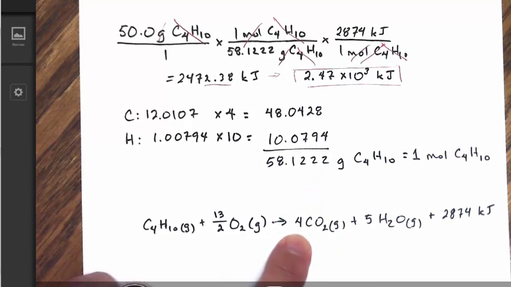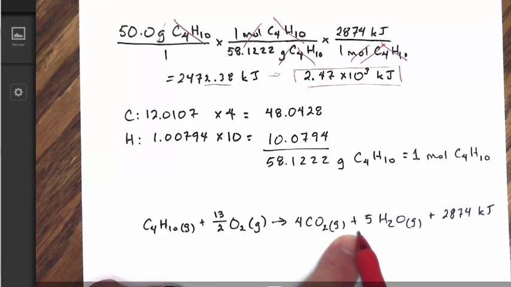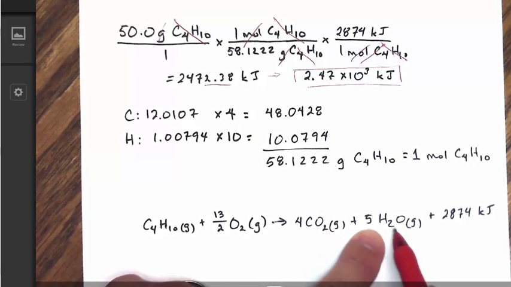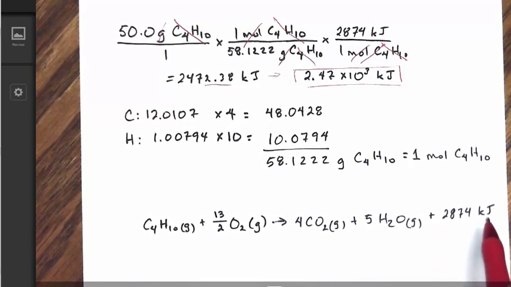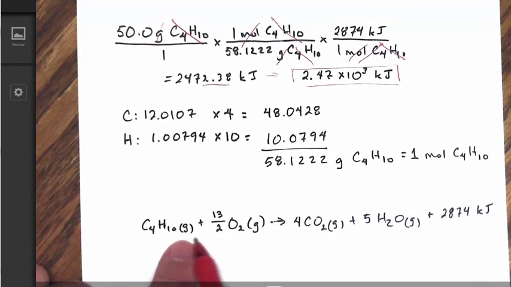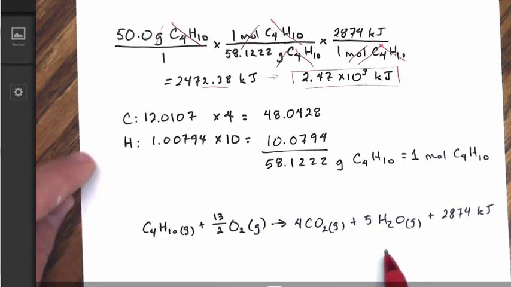A point for the coefficient, a point for the formula, a point for the plus sign, coefficient, formula, plus sign, number, unit of measurement. All those would be points. Now, later in the semester, when we get into physical states, I will give points for physical states, like all these gas symbols, these G's here in parentheses.